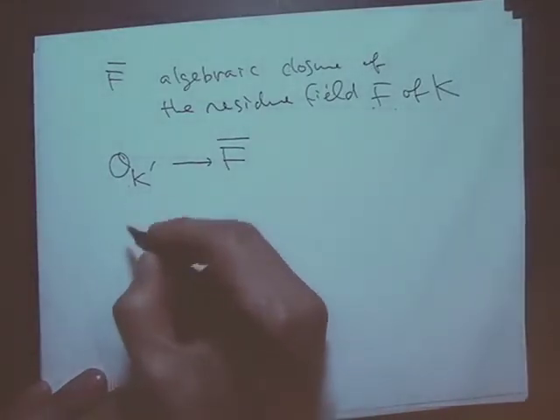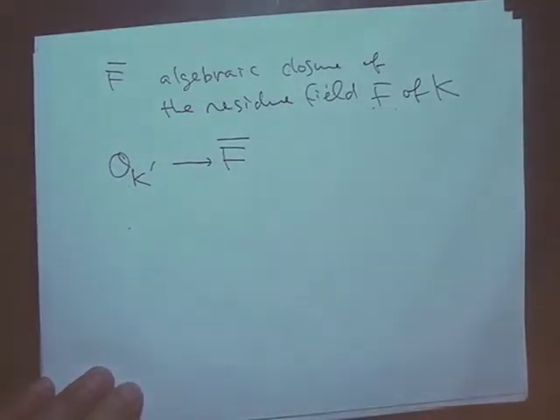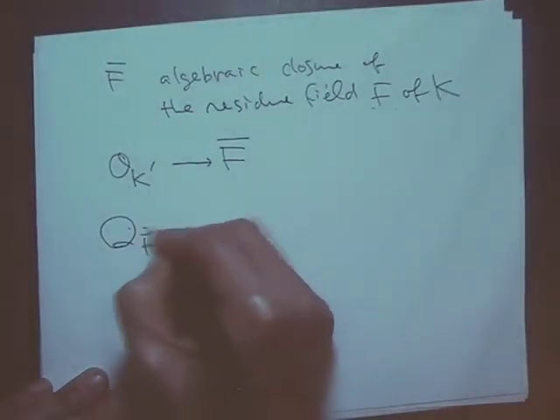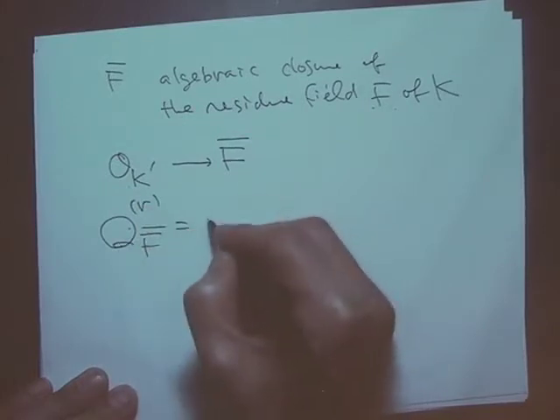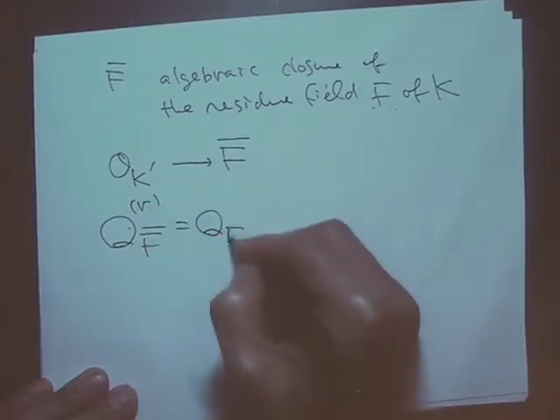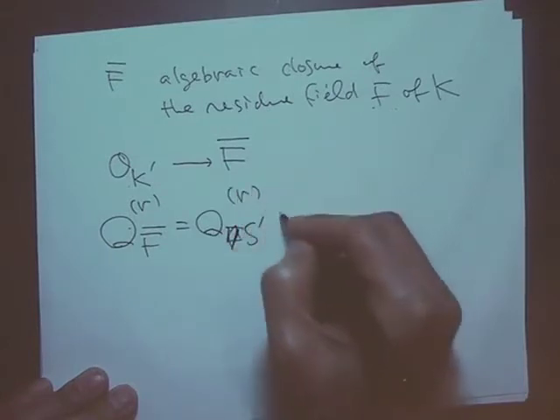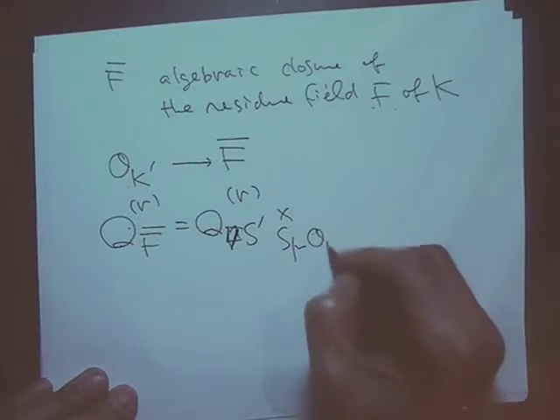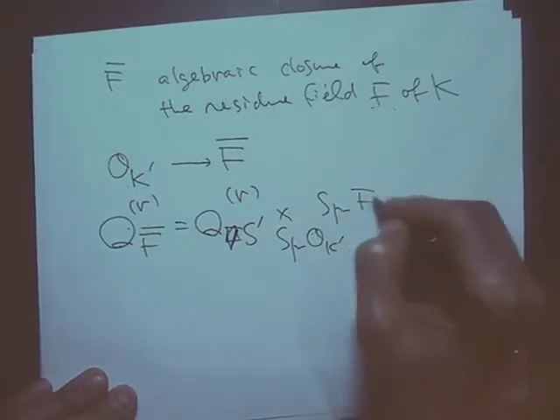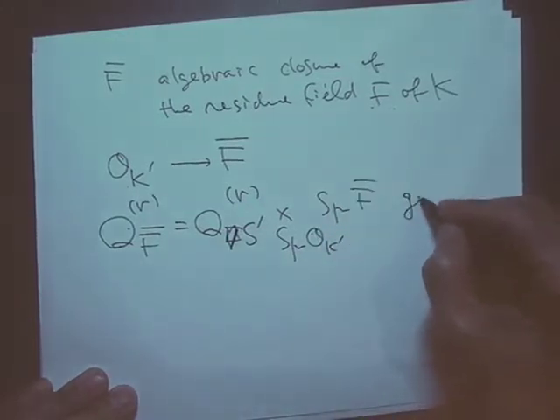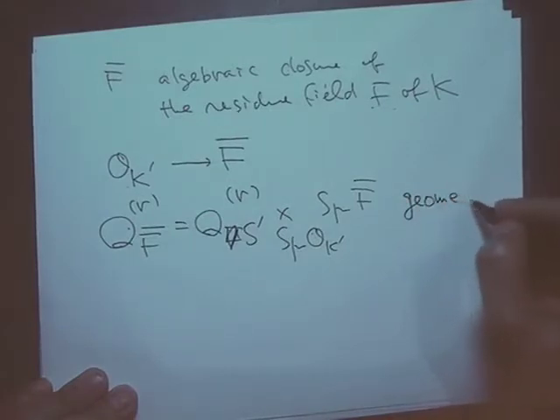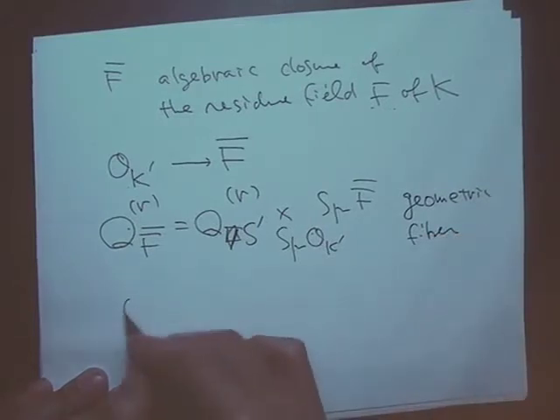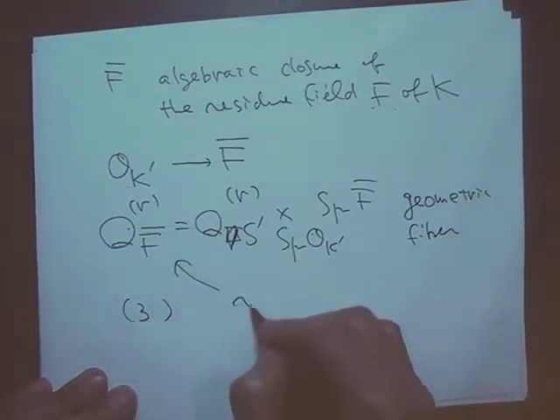And this condition is that, let me denote, Q_{S'} base change: Q_{S'} times spec O_{K'} spec F bar. So this is the geometric fiber. And the condition is that this is reduced.